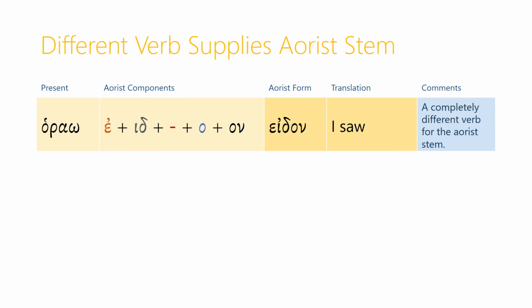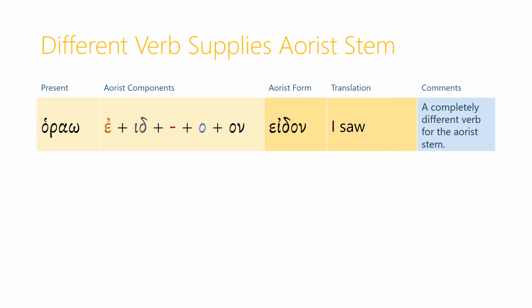Occasionally, we'll find that the aorist stem is actually supplied by a completely different verb. And often this happens when the present tense of another verb is no longer really used. And so the aorist form of that other verb gets borrowed by the first verb.